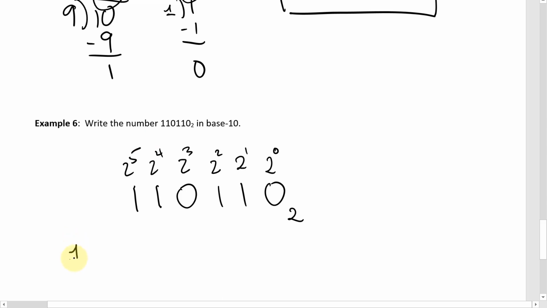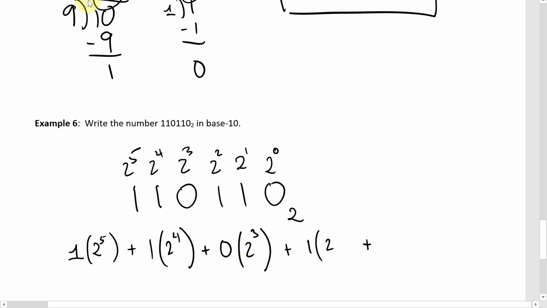So you can say we have 1 in the 2 to the 5th place. We have 1 in the 2 to the 4th. There are no 2 cubes. I'm reading down from the biggest one. So I have no 2 cubes. I have 1 in the 2 squared, plus 1 in the 2 to the 1 place, plus 0 in the 2 to the 0 place, or just in the 1's place.